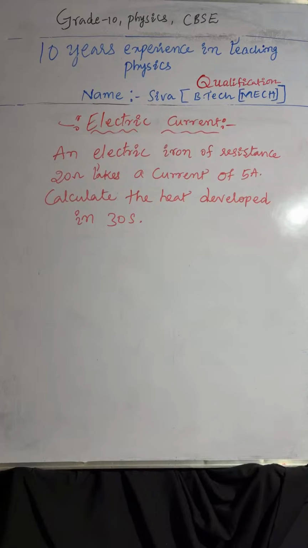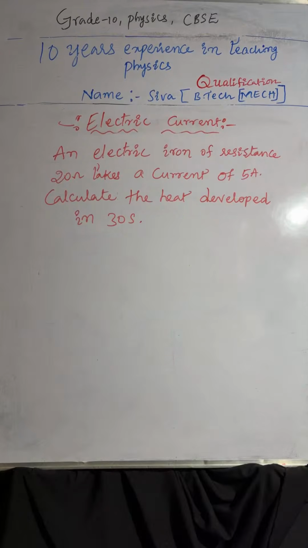So here resistance is given, current is given, time is given. What is the formula for heat produced in the conductor? H equal to I square RT.